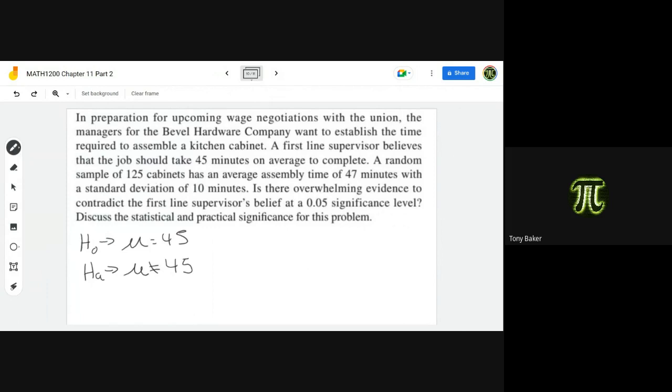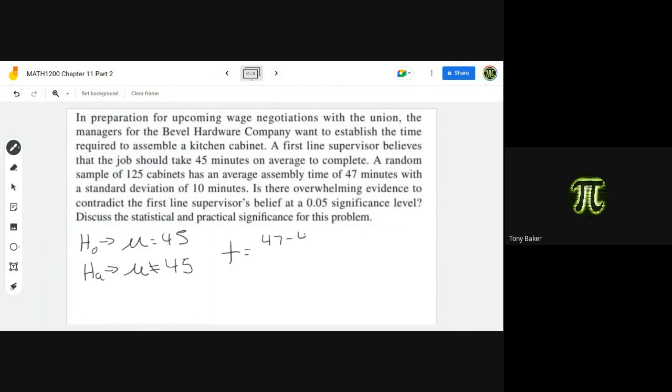We don't have the population. You're right. I never said you were wrong. I asked you why. It's the pieces for the formula. So this is T because they don't have the standard deviation of the population. T.